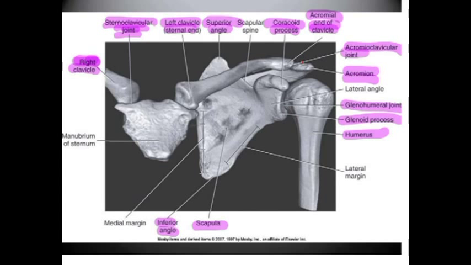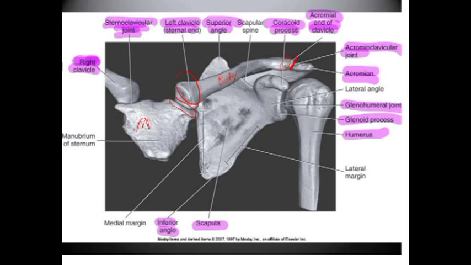However, everything tends to look vastly different in terms of CT in comparison to what you would see normally in a diagram. We do have the manubrium here. We have the sternoclavicular joint, the sternal end of the clavicle, the body, the acromial end, the acromioclavicular joint of the clavicle.